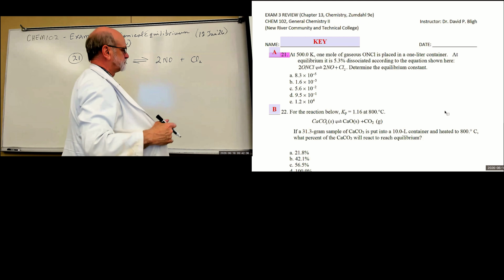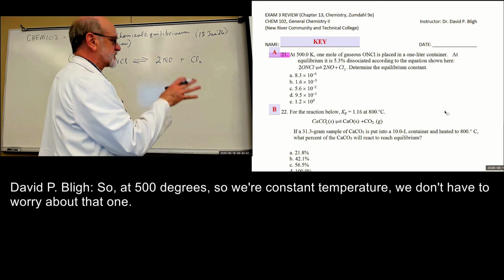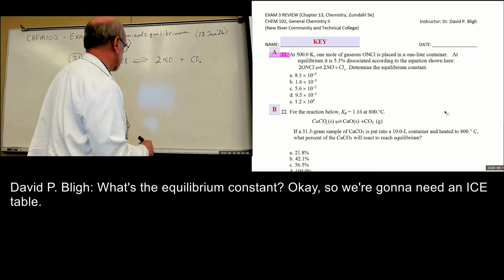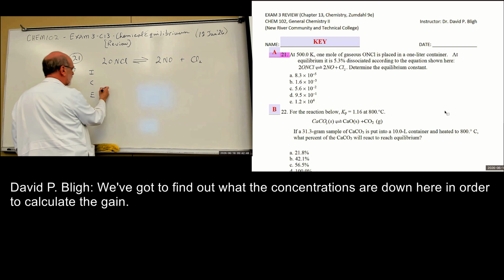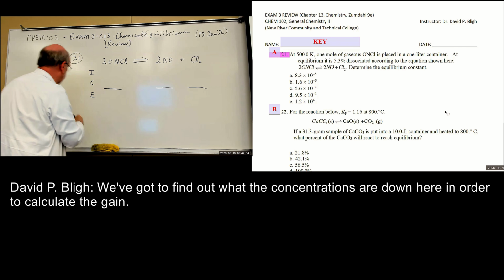And these are all gases. So at 500 degrees, we're at constant temperature. We don't have to worry about that one. What's the equilibrium constant? Okay, so we're going to need an ICE table. We've got to find out what the concentrations are down here in order to calculate the K.